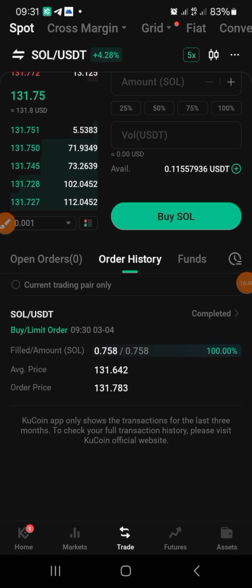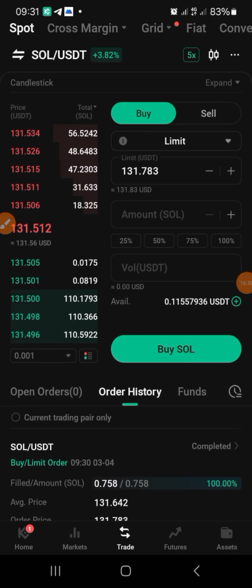You can see buy limit completed. My order has been filled. So I have Solana now in my account.